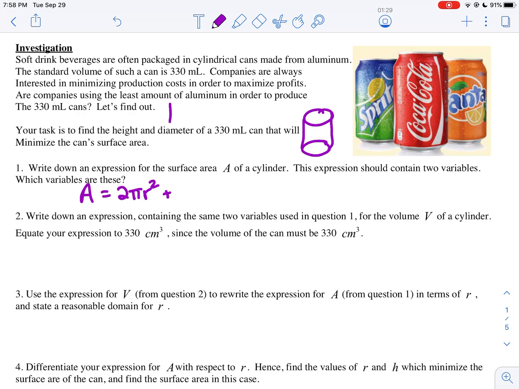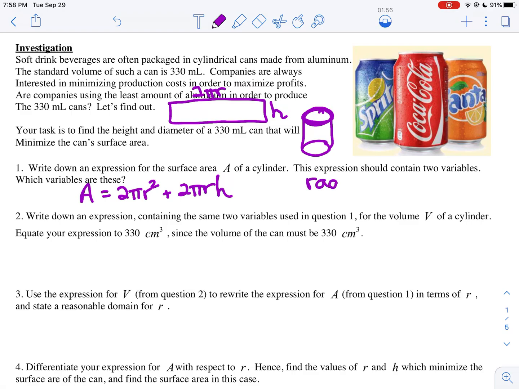If you unfold the sides, it'll be h high, but what is that distance around? This is where some geometry comes in. That's the circumference, 2 pi r. So look how I did that without having to Google it. Whoops, and there's my h. So the rectangle piece is the circumference of the circle times the height.